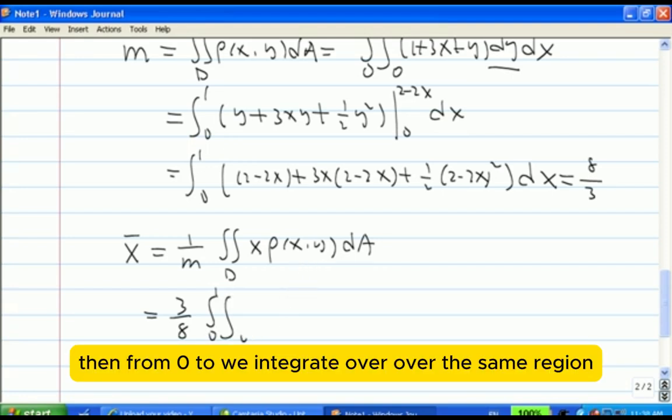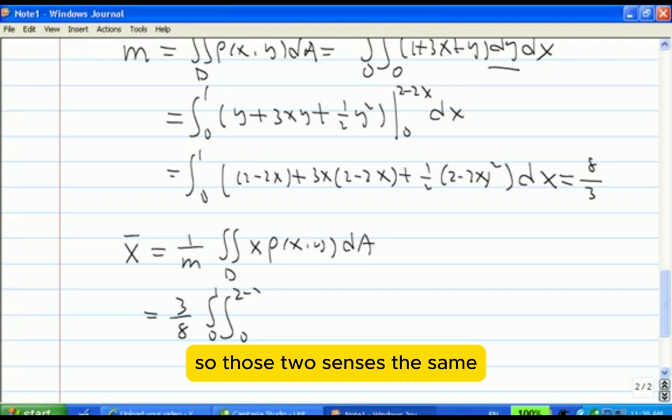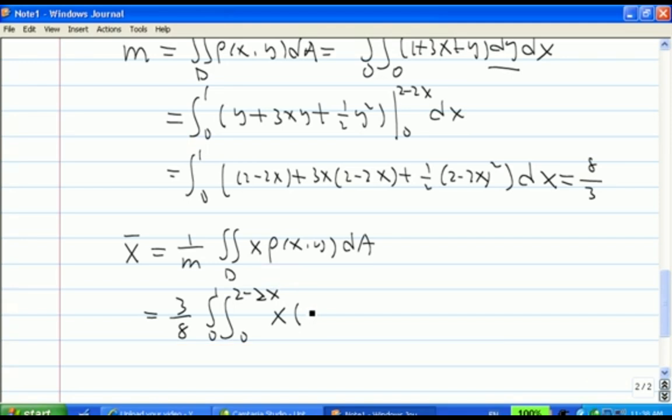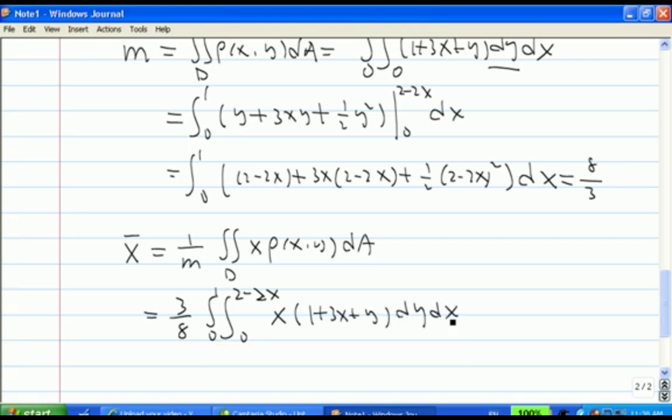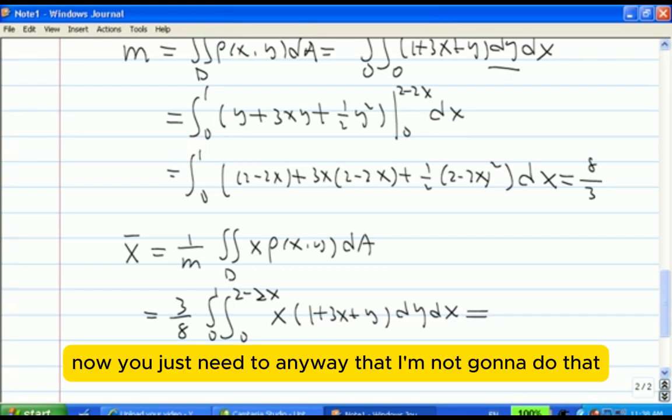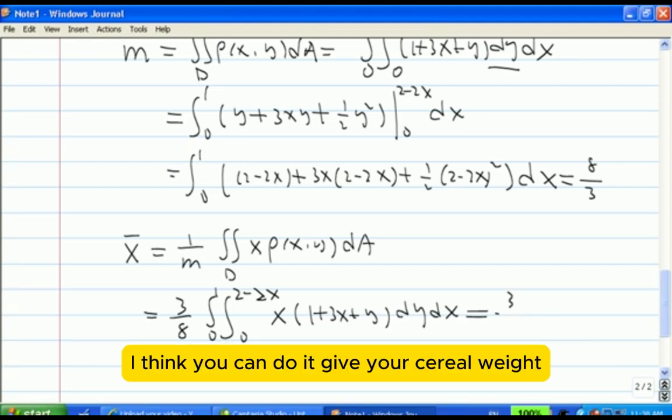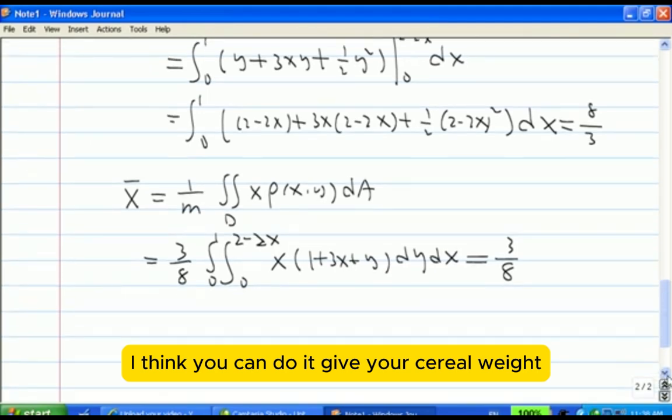We integrate over the same region, from 0 to 1 and from 0 to 2 minus 2x. The only difference is the function we integrate: it's not just rho, we multiply by x, so it's x times 1 plus 3x plus y, dy dx. I'm not going to do that; I think you can do it. It gives you 3 over 8.